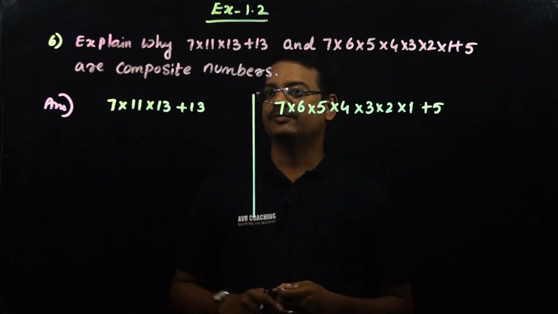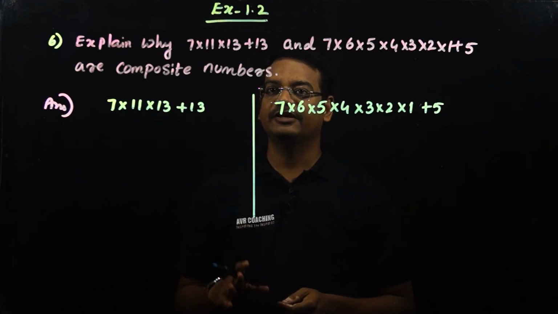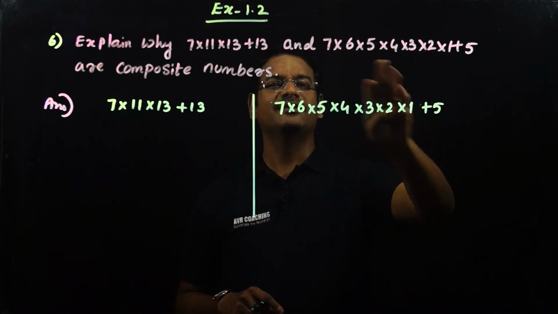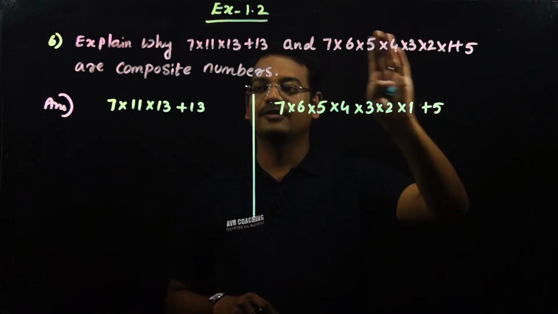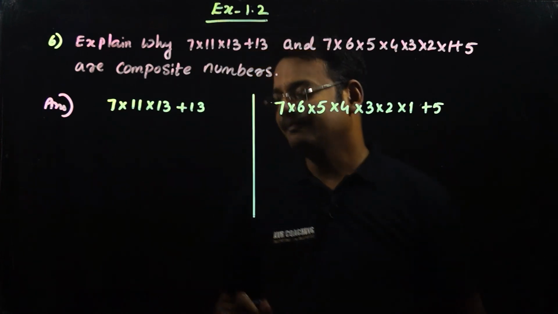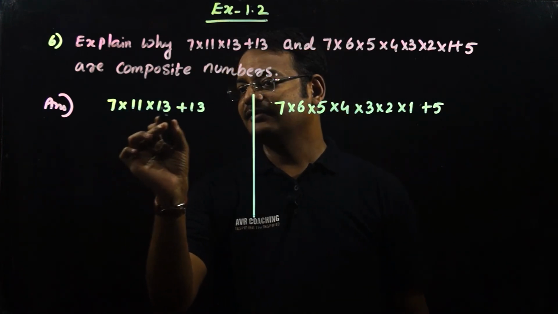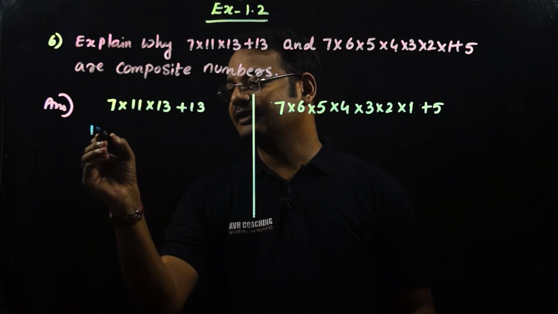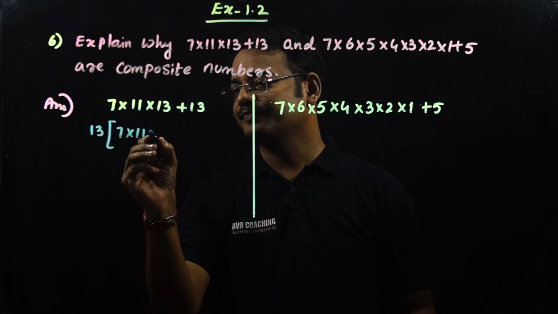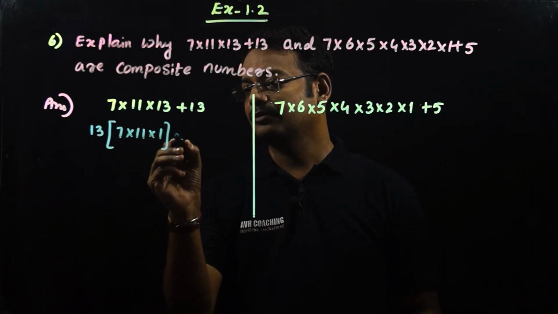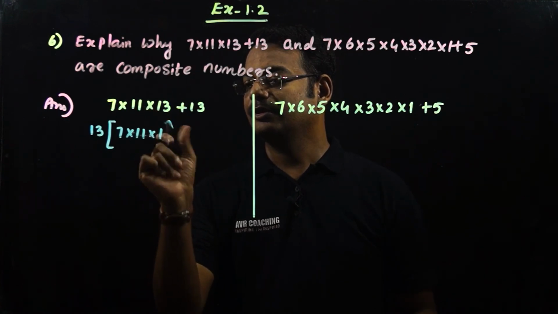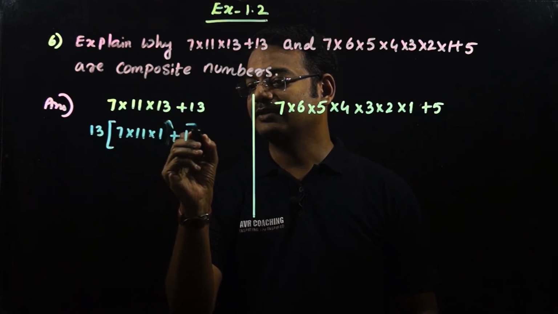Sixth problem: explain why 7 into 11 into 13 plus 13, and 7 into 6 into 5 into 4 into 3 into 2 plus 5, are composite numbers. So we will write these two numbers separately. 7 into 11 into 13 plus 13: here we can take 13 as a common element, so 13 into (7 into 11 plus 1).